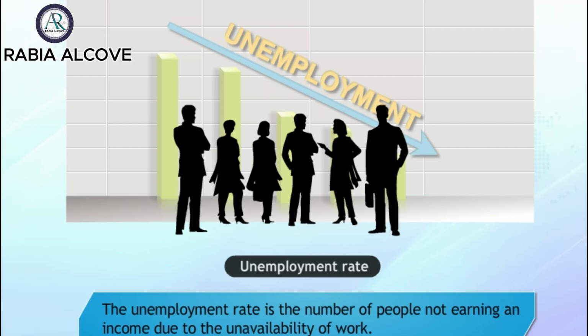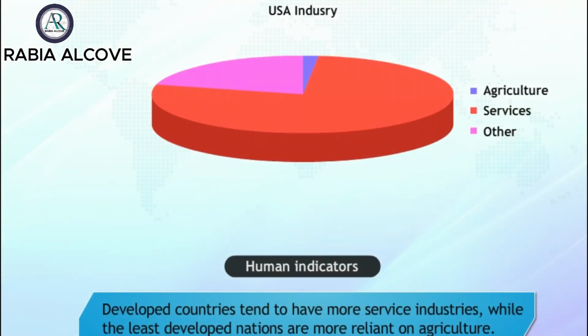Developed countries tend to have more service industries, while the least developed nations are more reliant on agriculture. In the United States, agriculture accounts for only 1.6%, service industries 77.6%, and manufacturing, mining, construction, and energy production account for about 33.7% of its GDP.